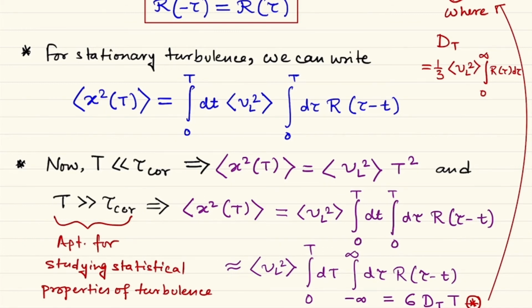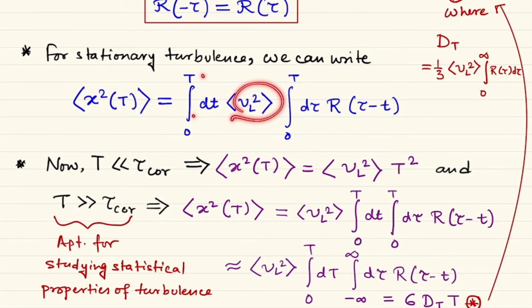Now if you want to be in such a time which is very small with respect to the correlation time, let's say you want to be here, that means your correlation is almost 1 here, so there is not much decrease in the correlation coefficient. Then this can be assumed to be 1, and this is constant.